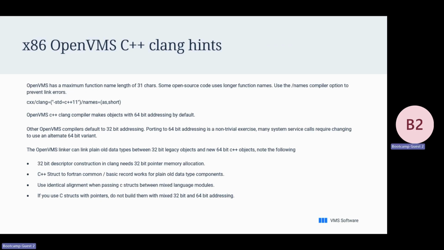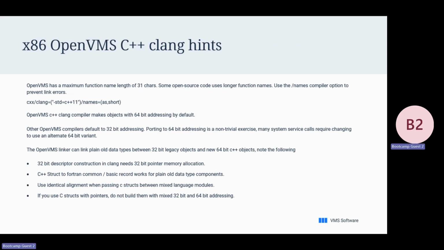My basic advice is you don't want to be mixing 32-bit and 64-bit objects. You're making your life difficult and you're introducing risk and problems. So unless you've got a huge program that requires huge address space, 32-bit is probably easier.